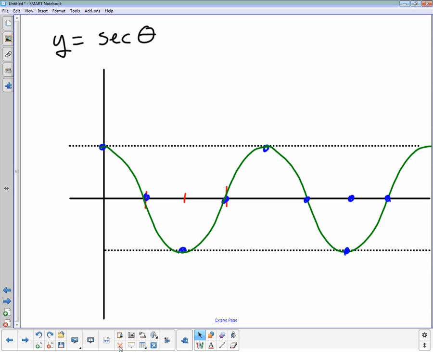So now, just like cotangent and tangent, wherever one of them is 0, the other one is undefined. So every time this wave crosses through the x-axis, I get an asymptote.